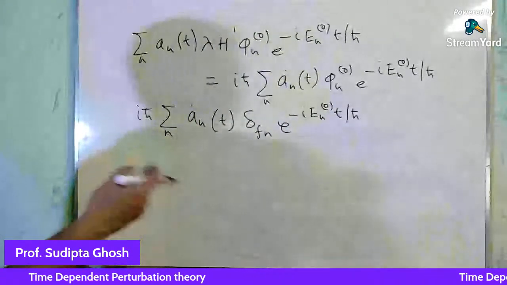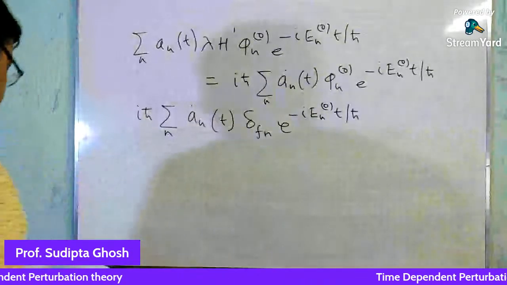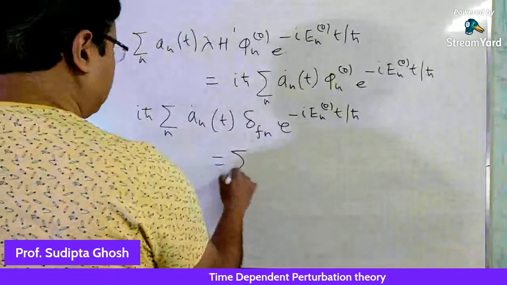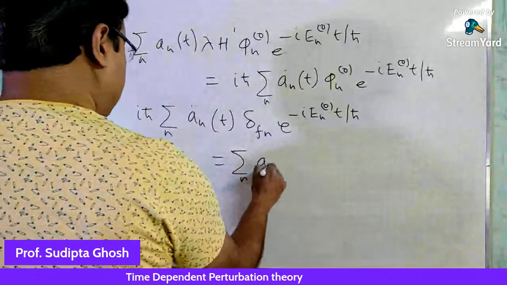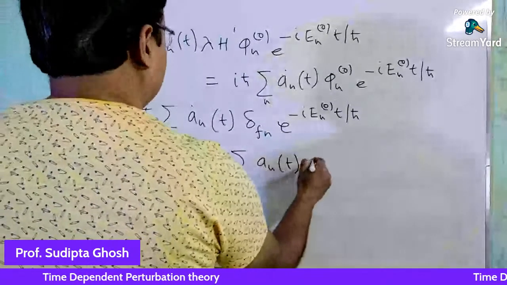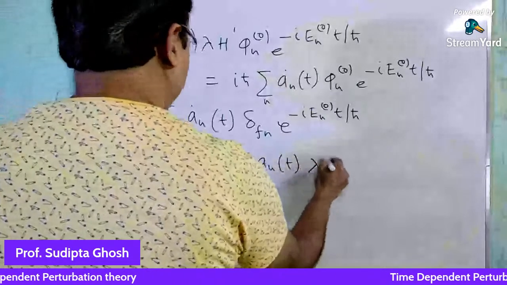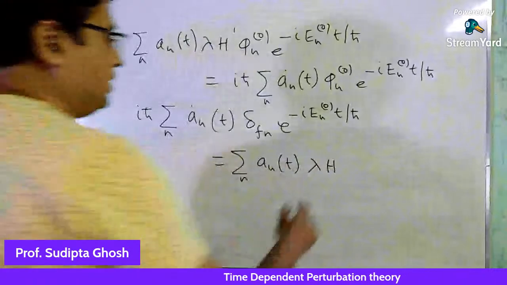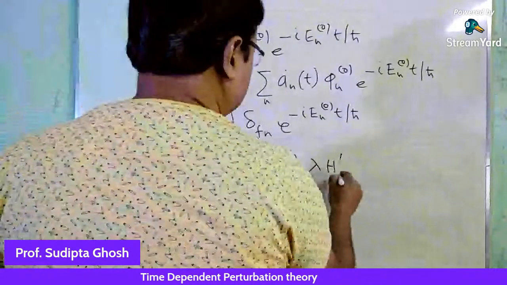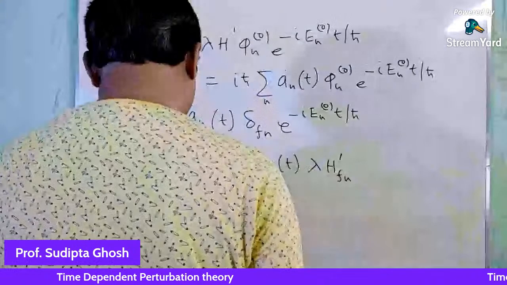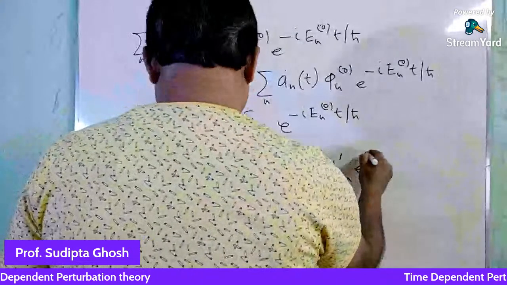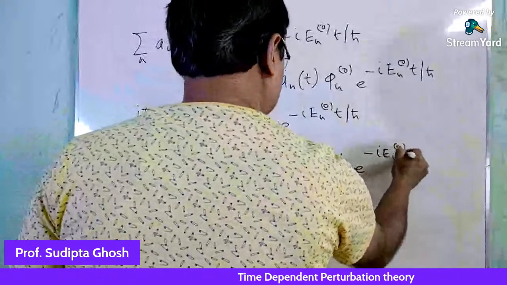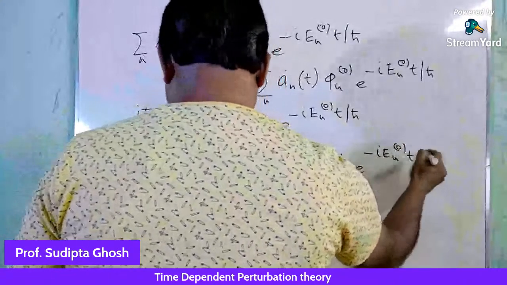And then the left hand side term becomes summation over n a n t lambda H prime fn e to the power minus i En0 t by h cut.